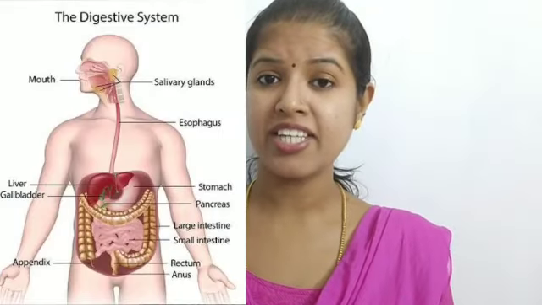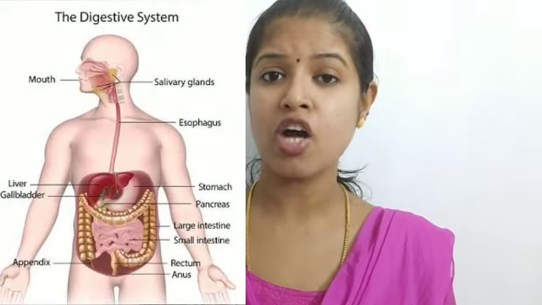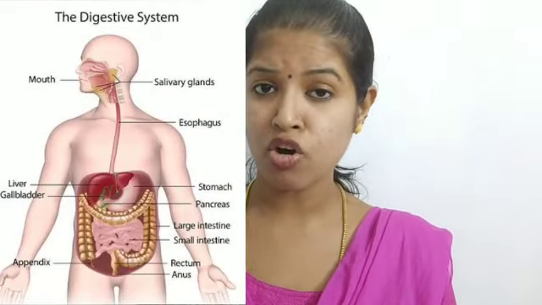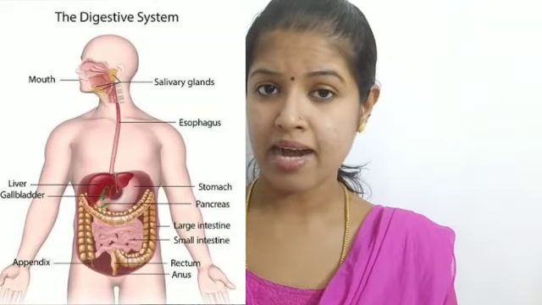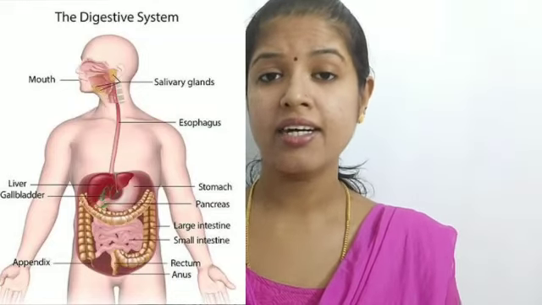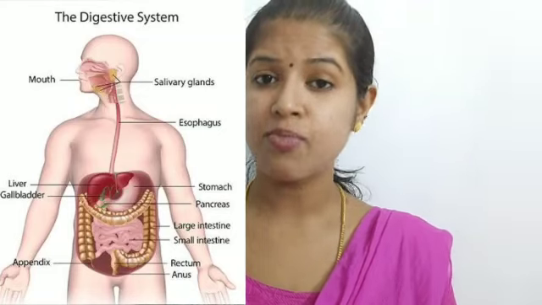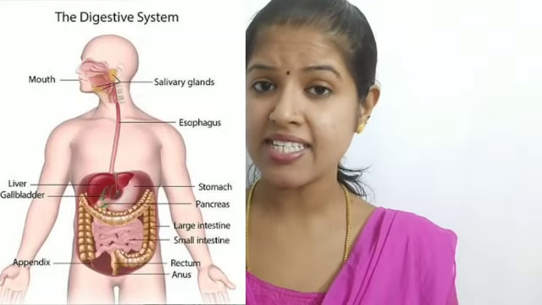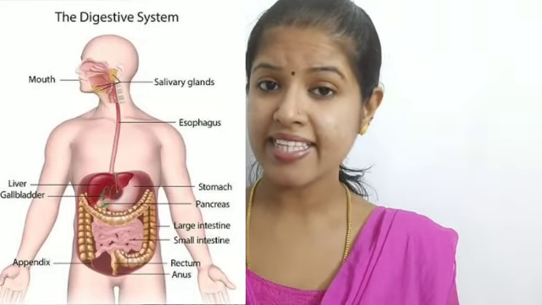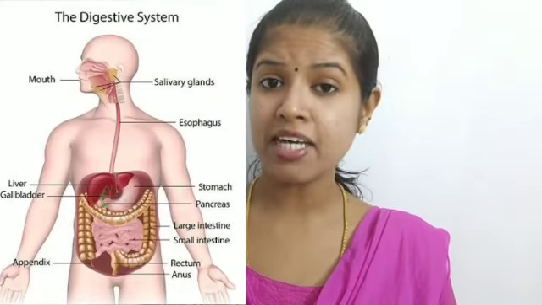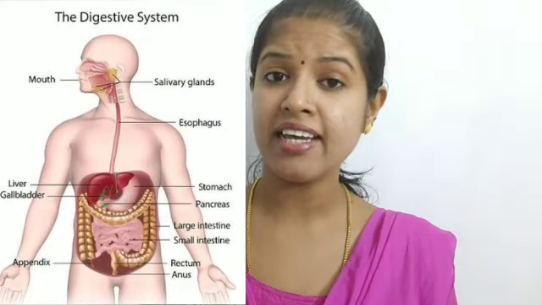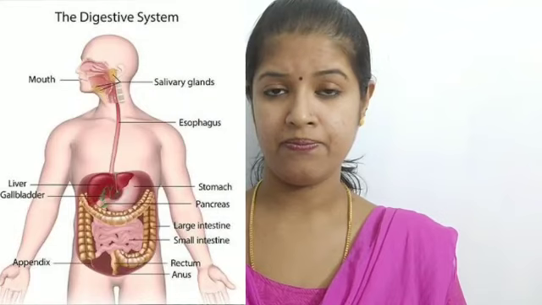The alimentary canal consists of mouth, esophagus, stomach, liver, pancreas, small intestine, large intestine, rectum, anus. These are the parts of an alimentary canal.